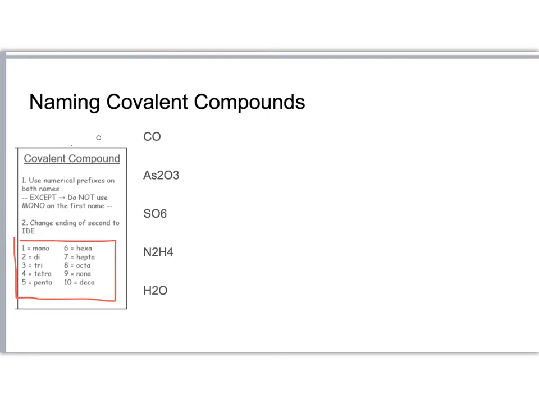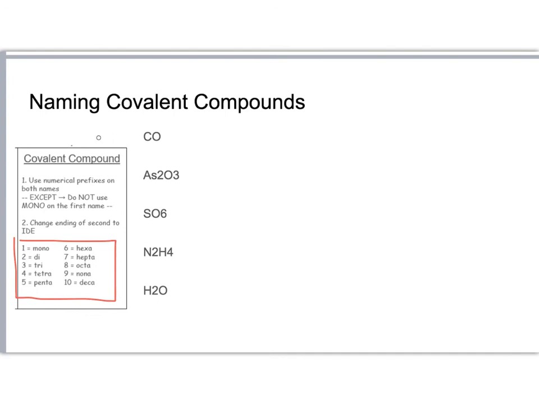And then the only other thing that you would need to remember in this set of practice is that even though one has a prefix of mono, we never use the prefix mono in the first nonmetal's name. So with that said, let's go ahead and do these last 5 examples.